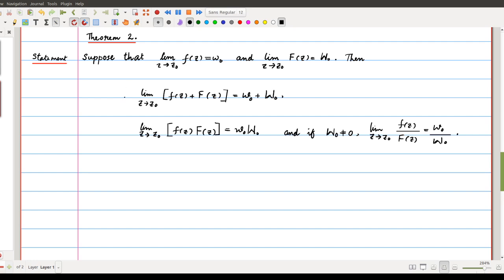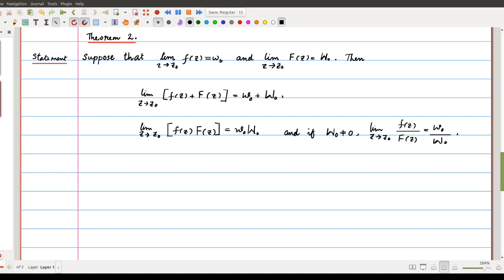Theorem 2 states that if we have the limit as z tends to z naught of f(z) equal to omega naught, and the limit as z tends to z naught of capital F(z) equal to w naught, then the limit of their sum, small f(z) plus capital F(z), will be omega naught plus w naught.